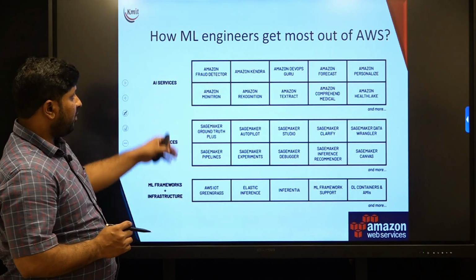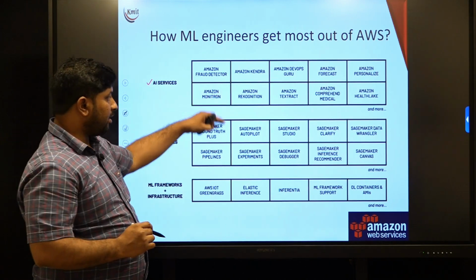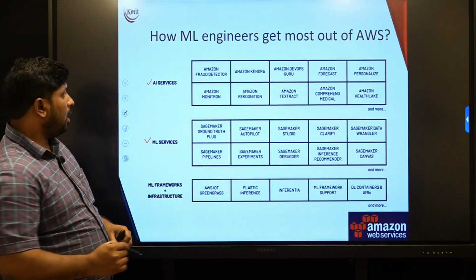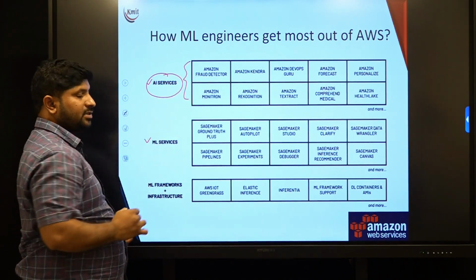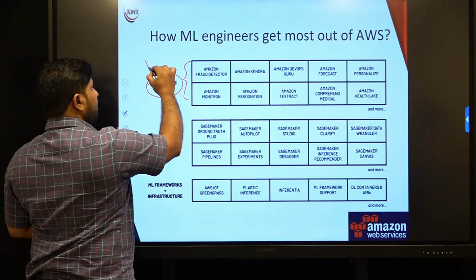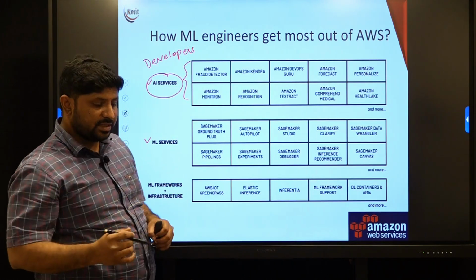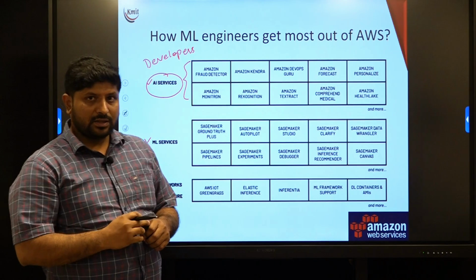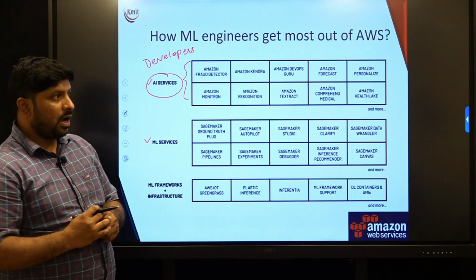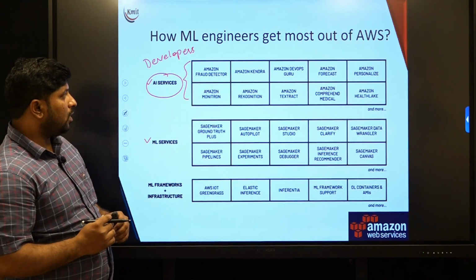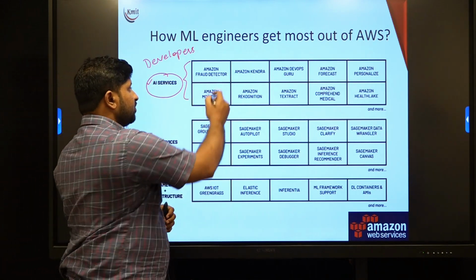At the same time, when you are focusing on AI services and ML services, we have segregated them into 3 layers. If you are focusing on the first layer, AI services, the services which fall under this category are meant especially for novice developers, who don't have much experience in machine learning but want to integrate machine learning models into their applications. For them, there are a few services which can be easily used in their applications, such as Fraud Detector.